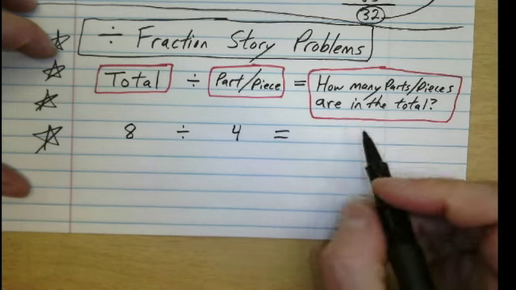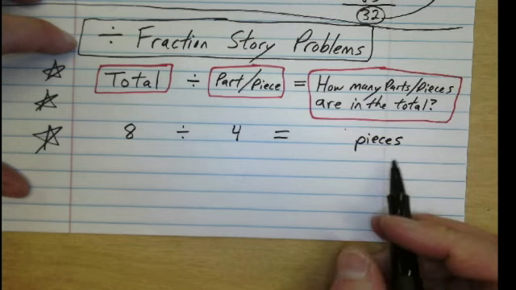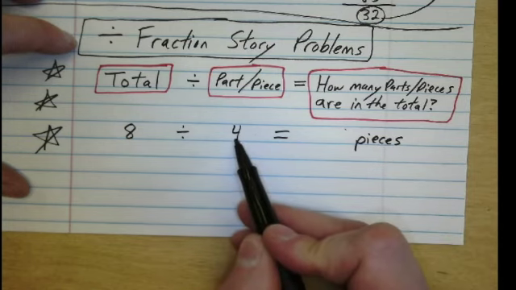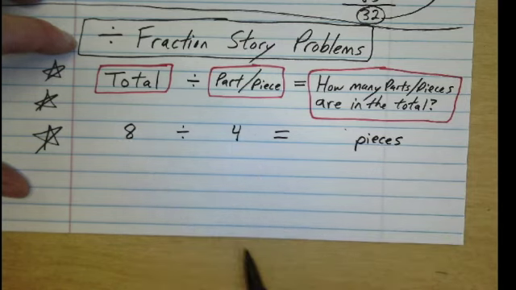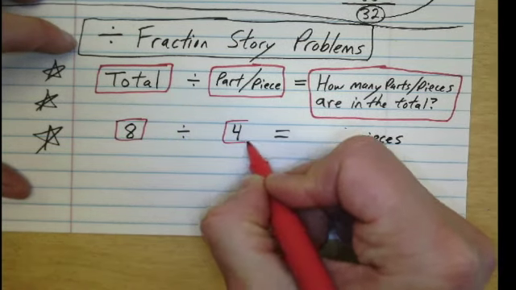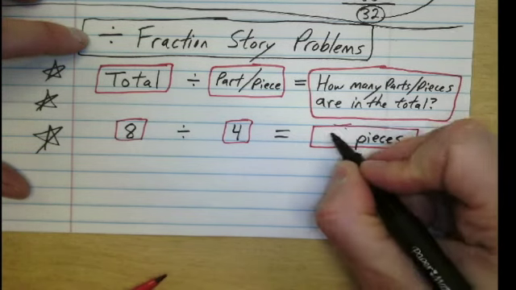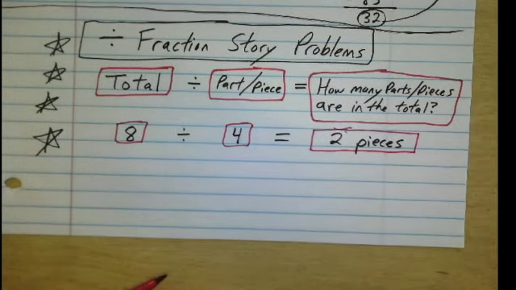Then my question's asking how many pieces, how many of these 4s are in 8 is kind of what I'm asking. And we know 8 divided by 4 is going to give us how many pieces? 2. So I'm starting with really nice, easy whole numbers, and then we'll start throwing in fractions here and do the same thing with the same numbers.